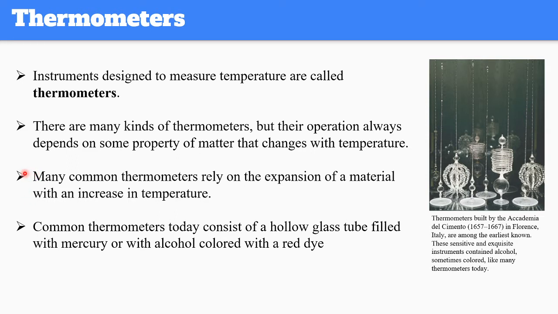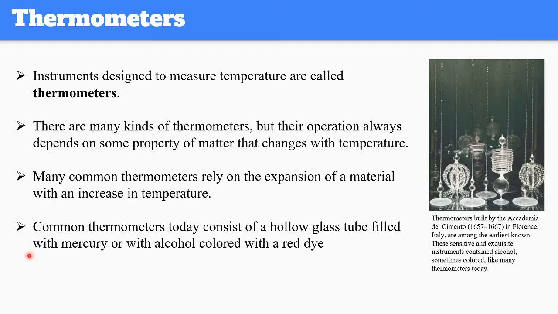The main idea of a thermometer is using expansion, because when you heat something up, it expands, or once you cool it down, it shrinks. So they use this idea to build a thermometer.